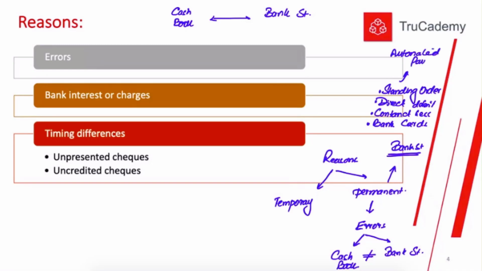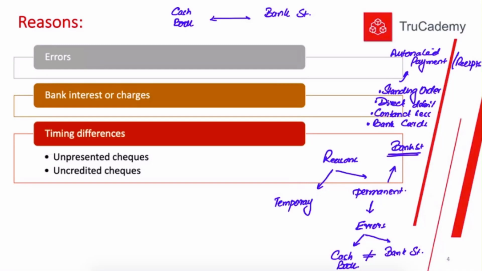If there are any sort of automated payments or receipts, obviously these will appear in the bank statement first, and then upon receipt of the bank statement we need to perform bank reconciliation. Whatever items are appearing in the bank statement but not in the cash book yet, we need to record them in the cash book.